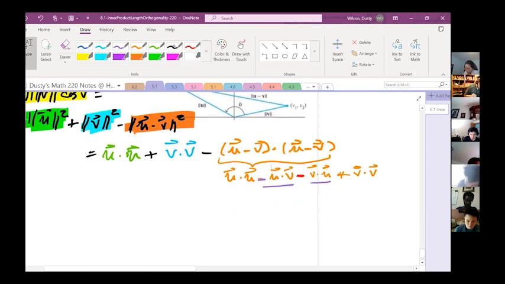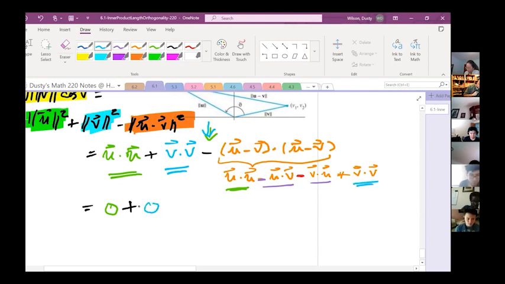Okay, so this is equal to, we have here a u dot u minus a u dot u. So those two will cancel out. So I'm going to have a 0 plus, then we have a v dot v minus a v dot v.